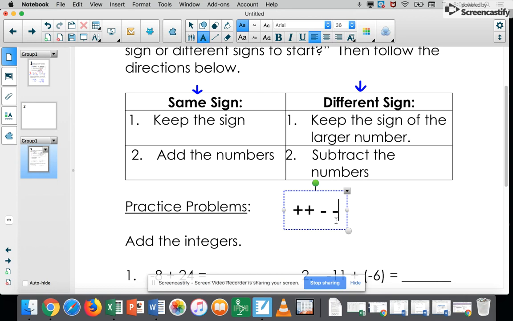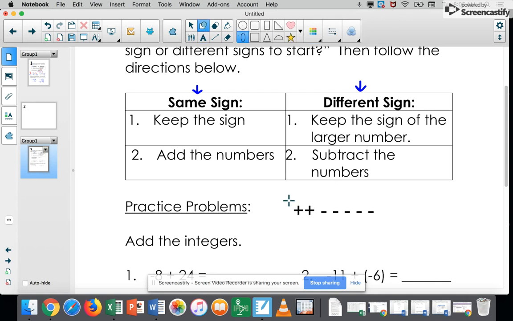Then if I have two protons and, let's say, 5 electrons, you end up with a negative result, because the two positives cancel out with two of the negatives, which leaves you with a -3. So your answer was always, I have 3 electrons left.